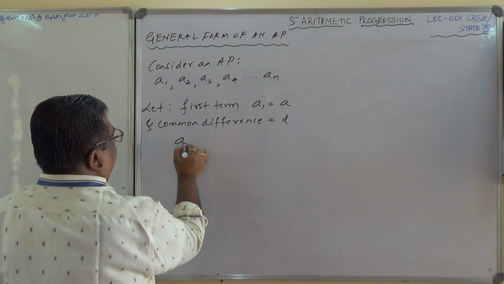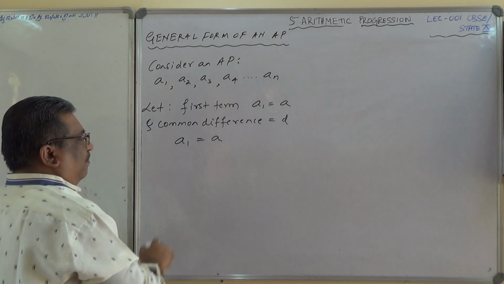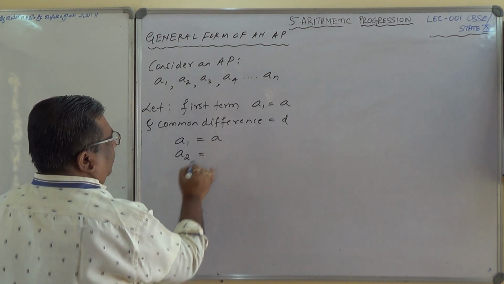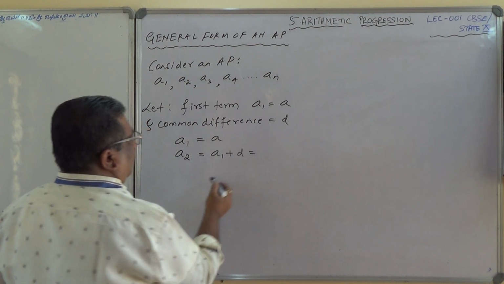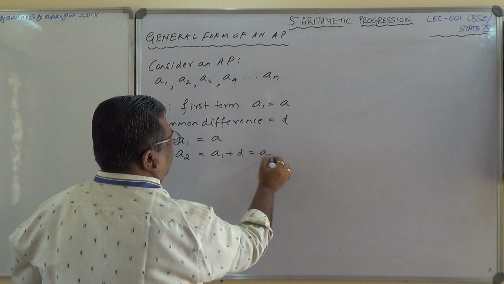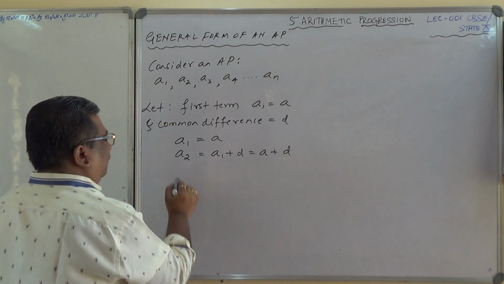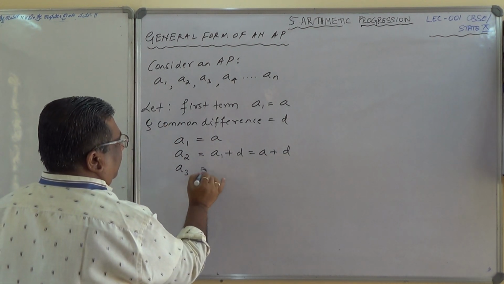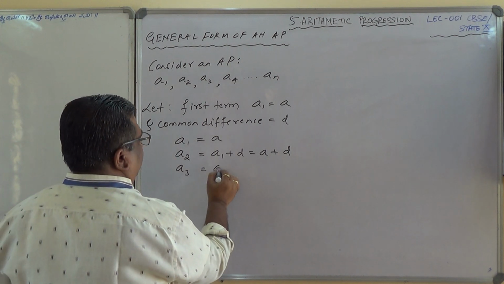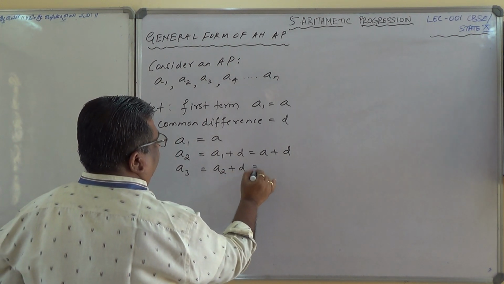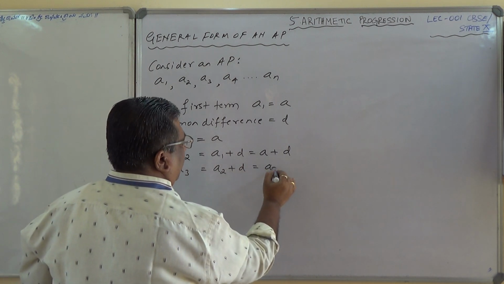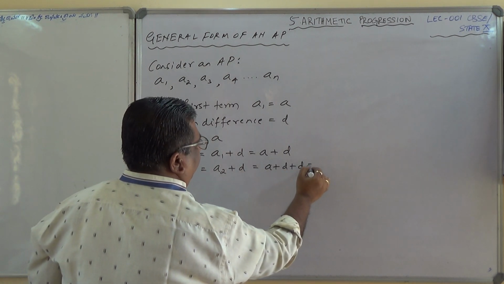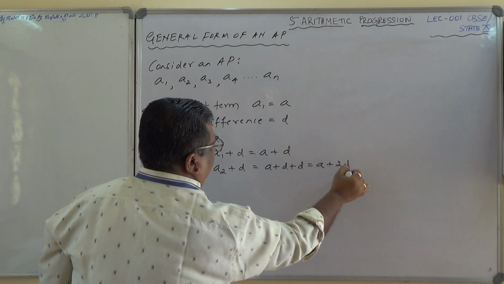And therefore, how do you obtain now A2 equals? Here important, A1 equals A, A2 equals A1 plus D. What is A1? A plus D. Now A3 equals A2 plus D. What is A2? Check here, A plus D. So A plus D plus D, which is A plus 2D.